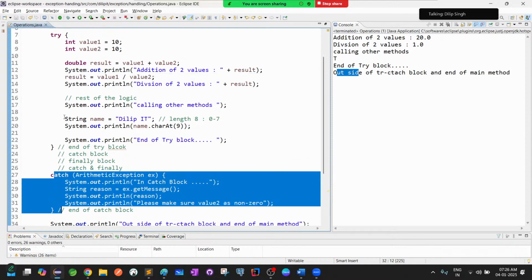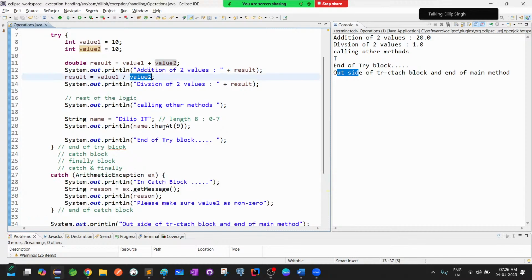For example, see here, I'll make sure. Everything is good, 7 again I'll give, and I'll give value 2 as 0. So what will happen in this case? Again this line executes, executes, divided by 0. So an exception comes here.